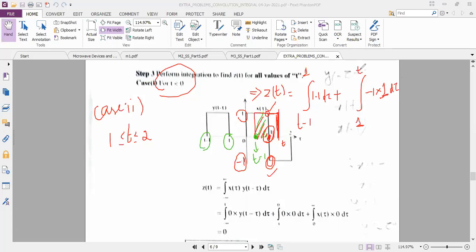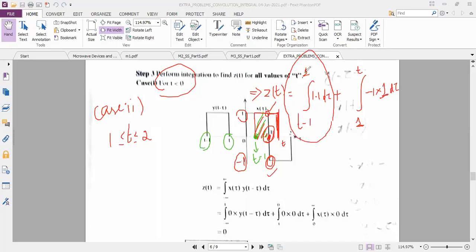So that's why I told this problem is unique, because the amplitudes of x of t have plus 1 and minus 1. So I have to split the integral and accordingly substitute the limits. If x of t did not have any minus 1 amplitude, I would have gotten only this first integral between t minus 1 to 1.